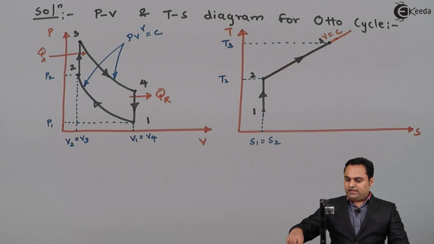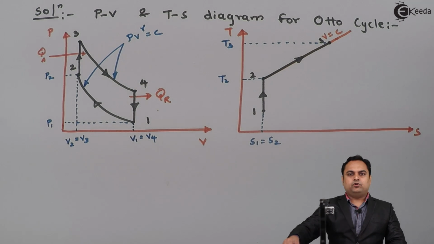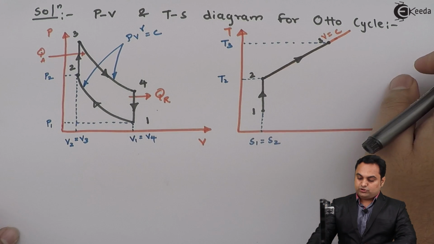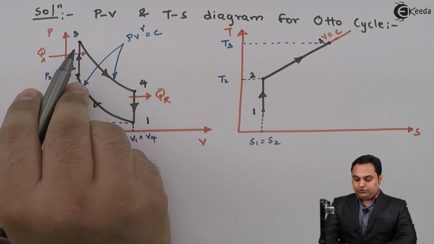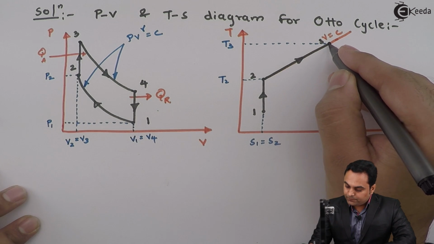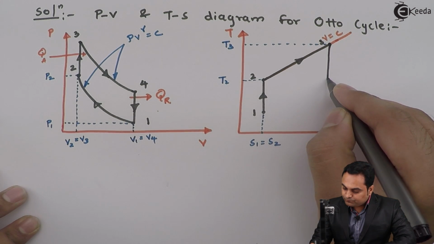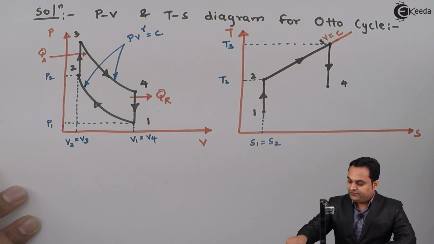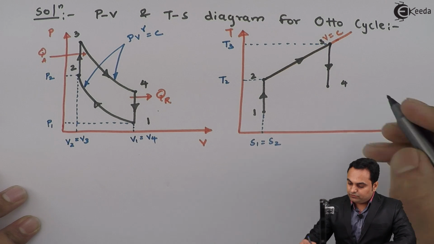So now, as we are drawing the PV and TS diagram for the constant volume cycle, that is the Otto cycle, process 2 to 3 is constant volume heat addition, and 3 to 4 will be isentropic expansion, that is, entropy will remain constant.